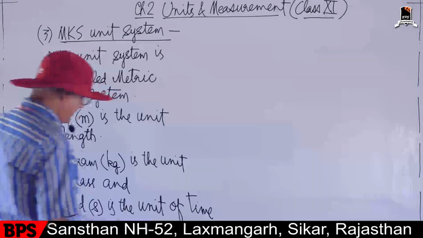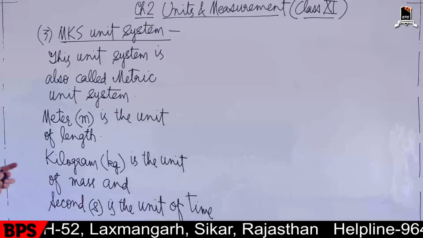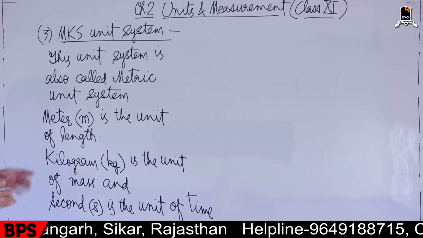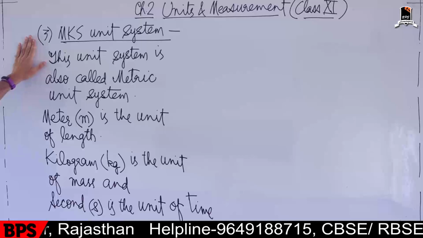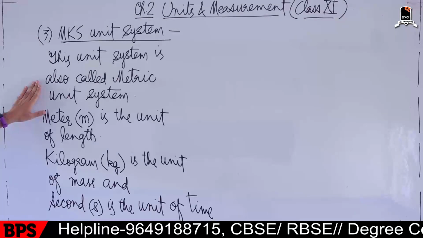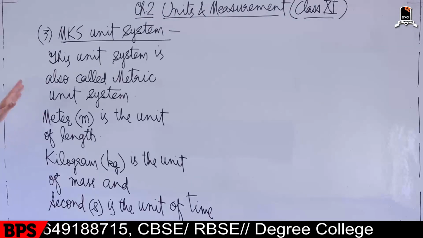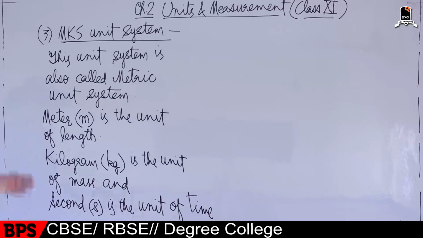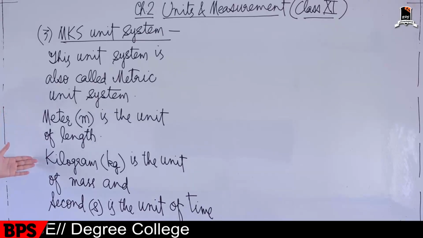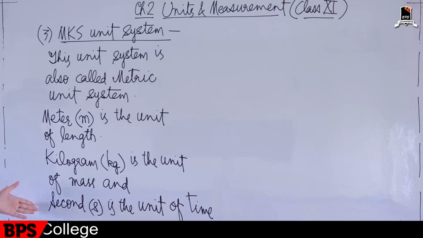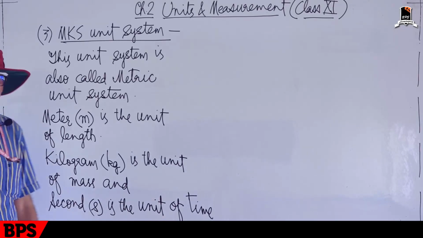So this is called MKS or metric unit system, which has three fundamental units. One is meter, another one is kilogram, and the last one is second.